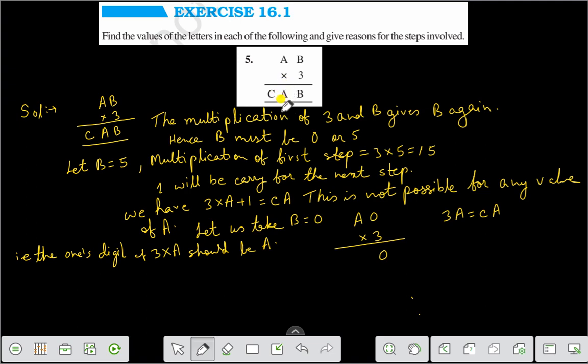Right? Therefore, you can find this is possible only when A is equal to 5 or 0.